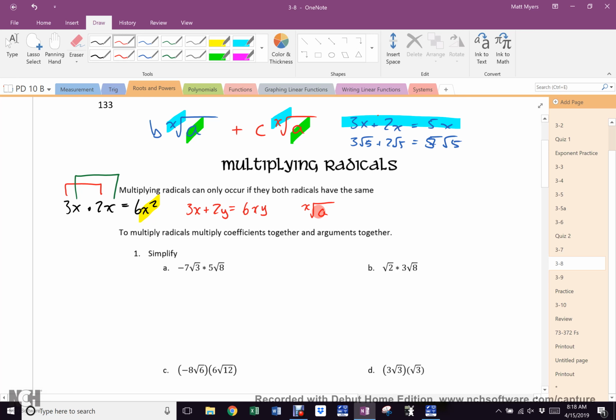Who said x? Why do you think it's x, Ken? Because it determines how many times you can take them out. If, for example, this x was a 3 and I had a there, does that 3 tell me something about those a's? It does, doesn't it? What does it tell me? What can I do with 3 of them?